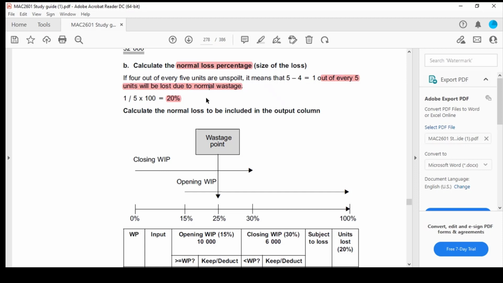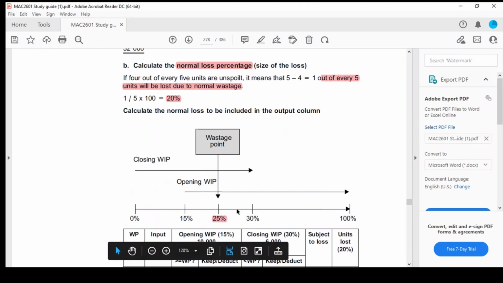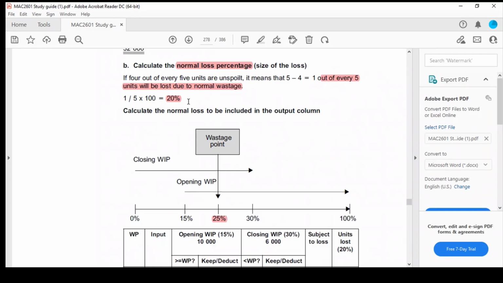So I had to determine how many units I am starting this process of making this cough syrup with. It's 32,000 units. Number 2, where does this wastage point happen? 25% of this process. I'm good. But they didn't give me the percentage of the normal loss. I had to calculate it. And to calculate it, I had to take into account the ratio they were telling me, that 4 out of every 5 units remains unspoiled.